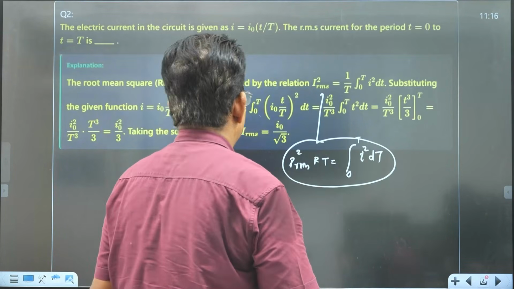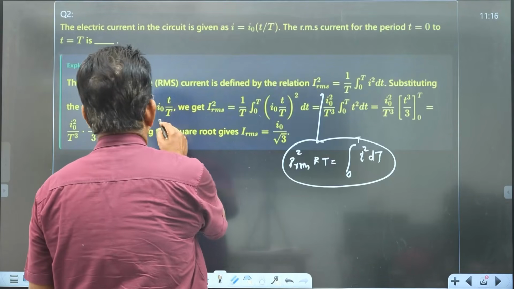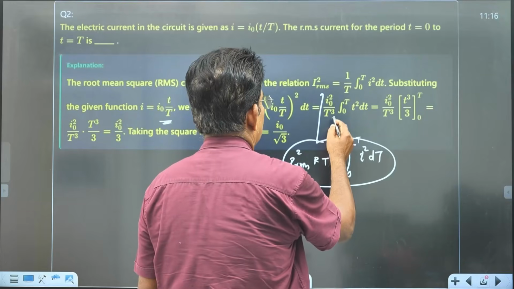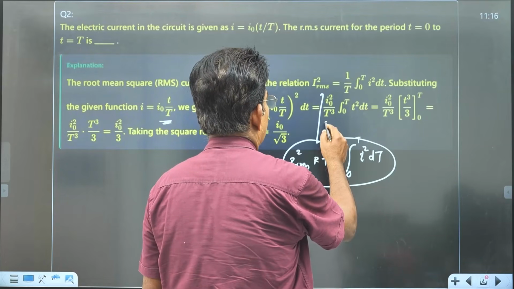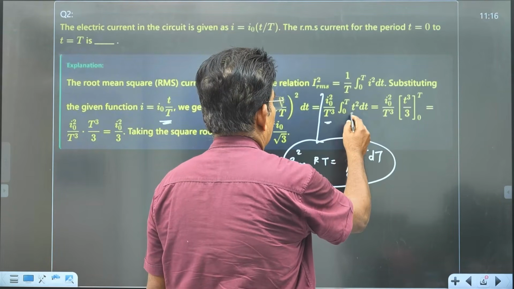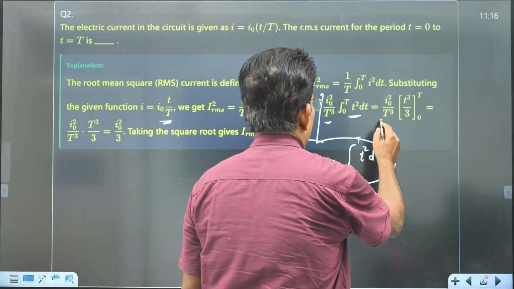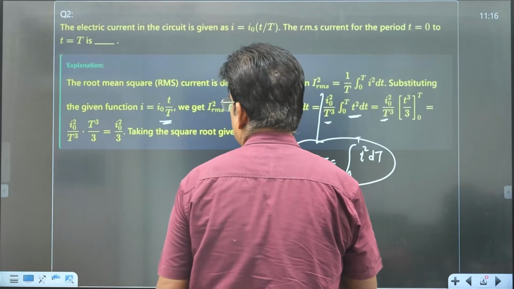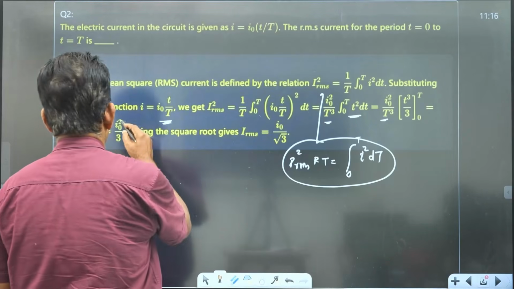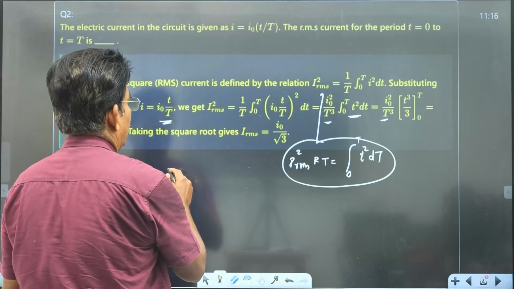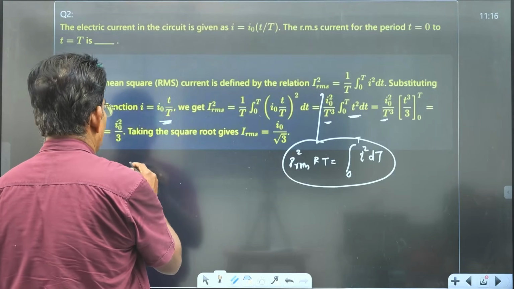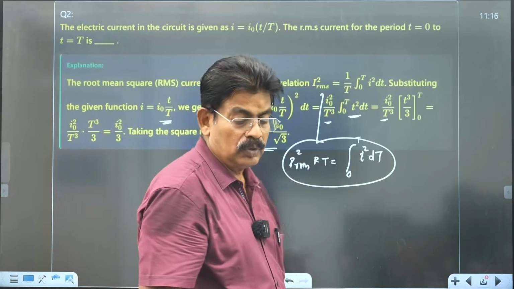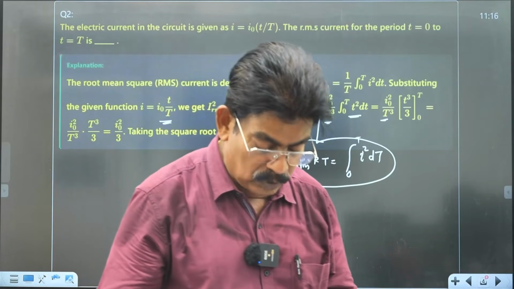Now, I is given to be I0 into t by T, we substitute for that. I0 is a constant, T squared comes outside, integral 0 to T of t squared dt, I0 squared by T cubed into T cubed by 3 giving limits. We get I0 squared by 3. I RMS squared is I0 squared by 3. Therefore, I RMS is I0 by root 3. Answer coming to be 1.